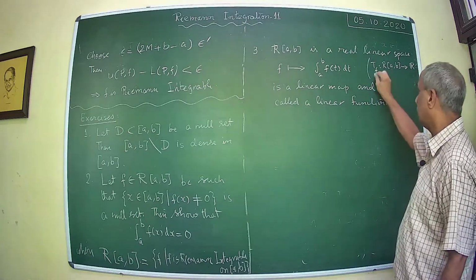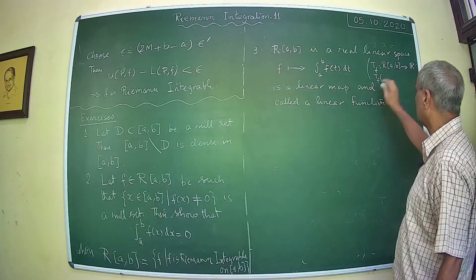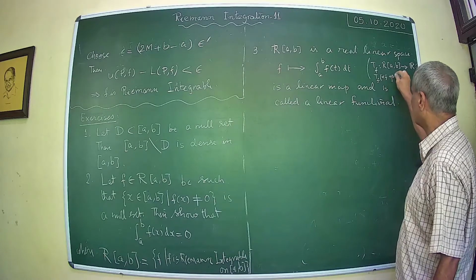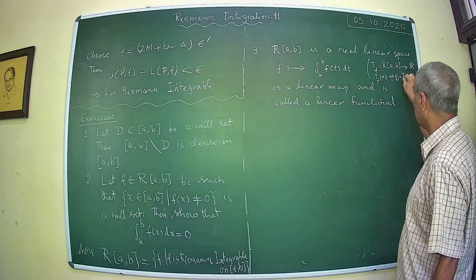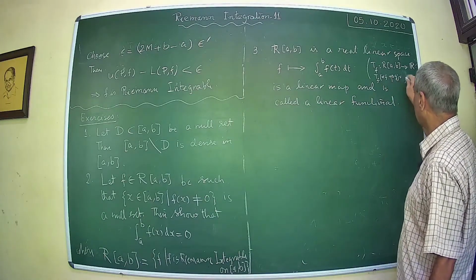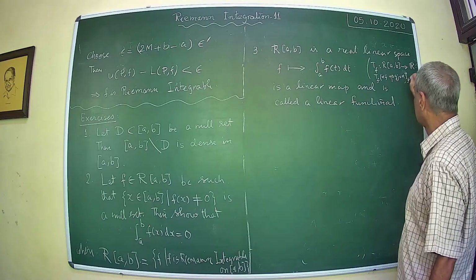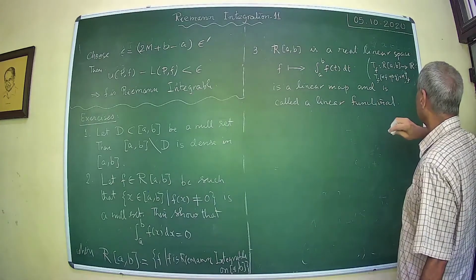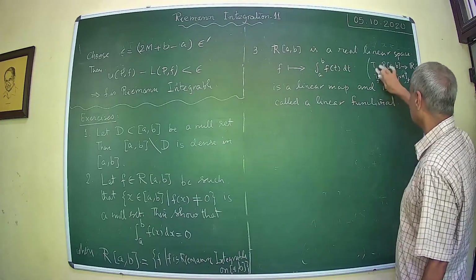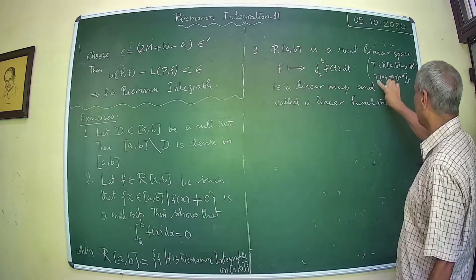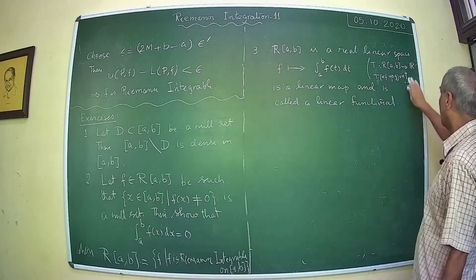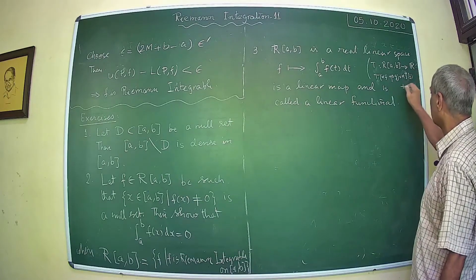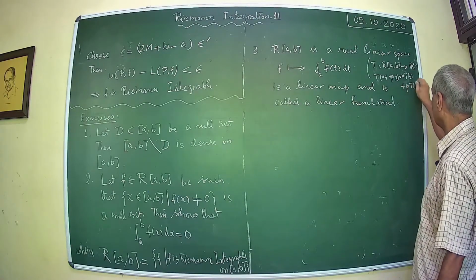So T of alpha f plus beta g equals alpha T of f plus beta T of g.